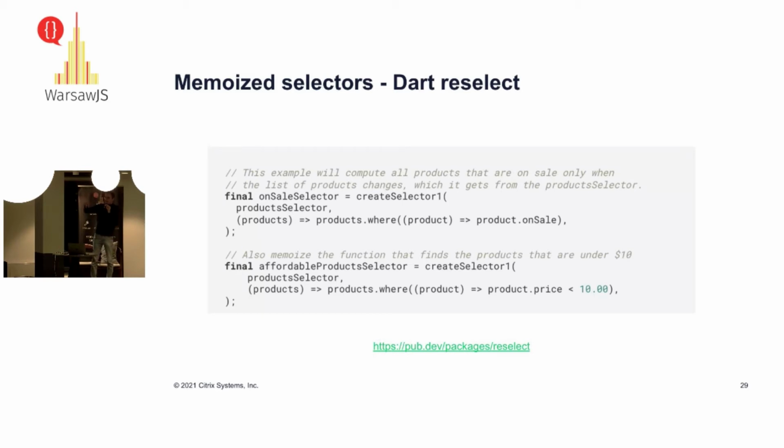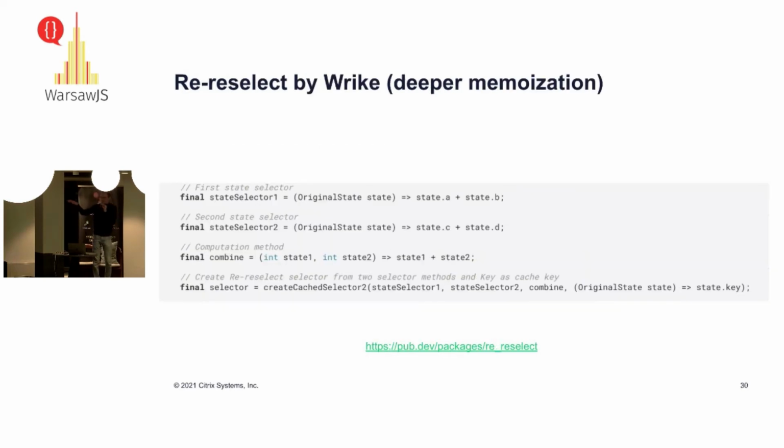We have this in the TypeScript world. We do have this in the Dart world. The only problem was that we didn't have support for deep memoization, and that's why we introduced our own wrapper over the Reselect library in Dart, published in open source, which supports deep caching.